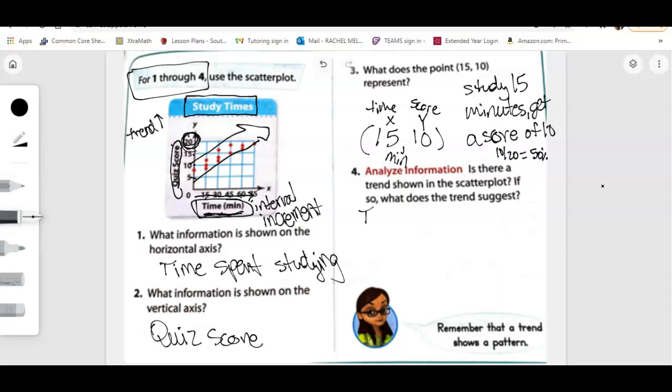So I'm going to say the more time spent studying, so the more I study, going from here to here, since it's increasing, the higher score I get.